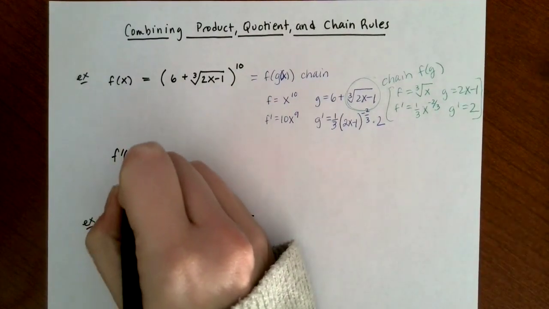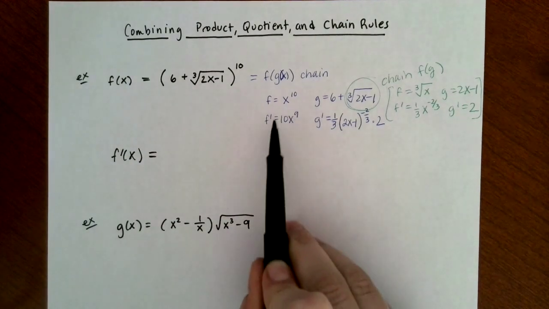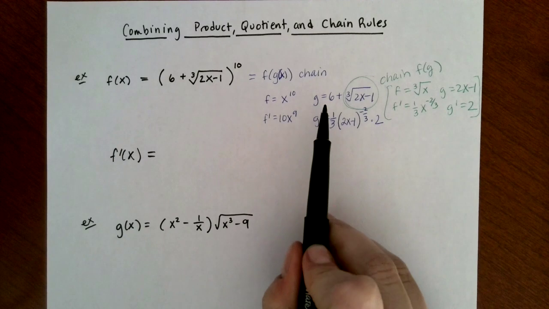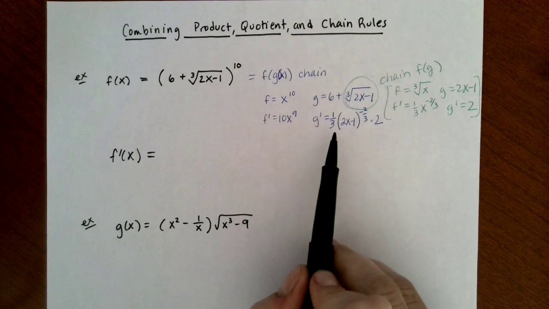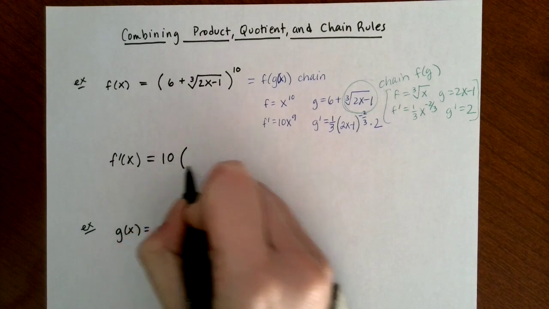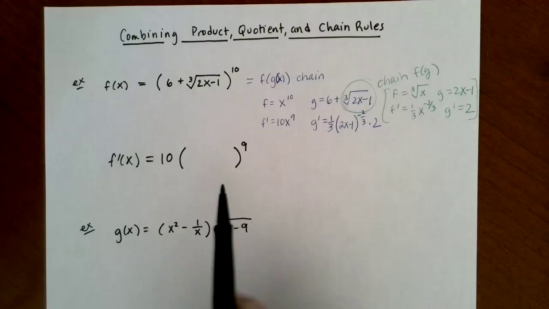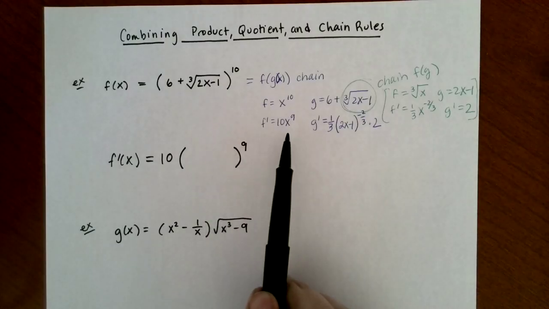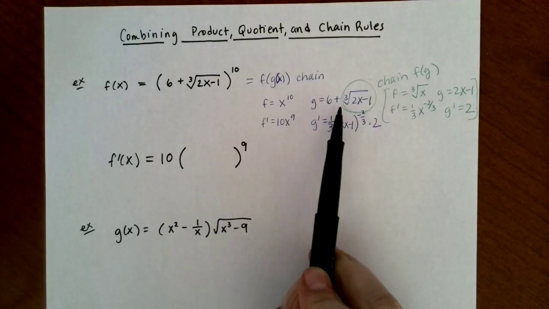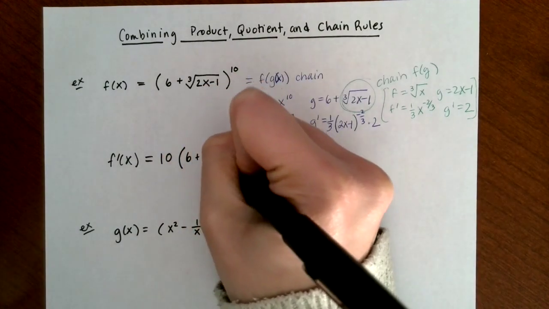So the overall f prime of x, using the blue, I'm going to do f prime of g times g prime. So f prime with something plugged into it is 10 times whatever to the 9. And then what's being plugged into it is g. So I'll have 6 plus the cube root of 2x minus 1.